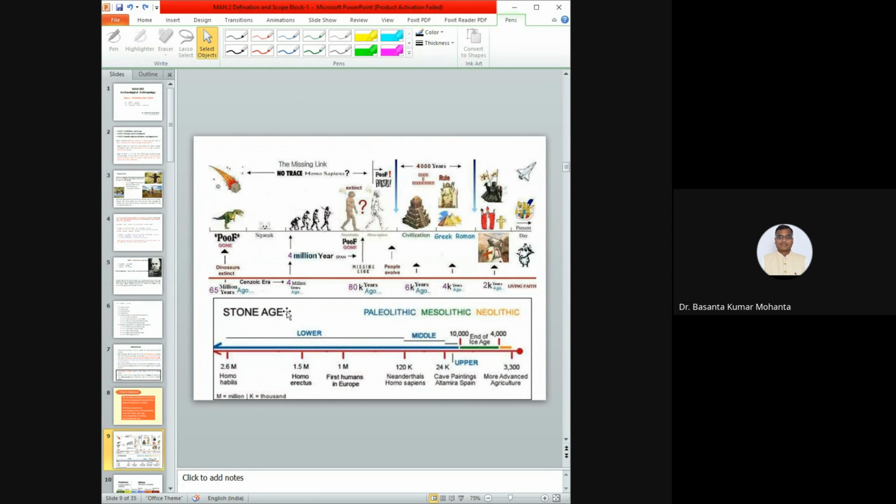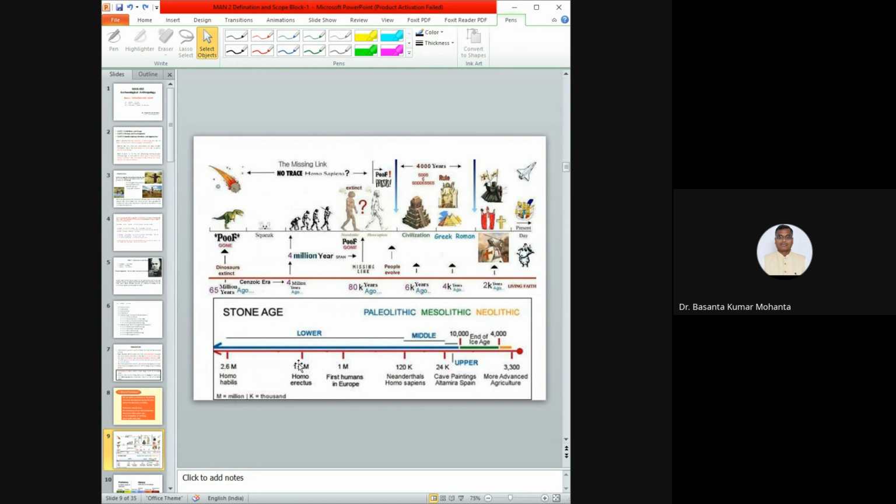So here, if you see the division, this is the broad cultural division of human evolution. Prehistory is also called the Stone Age culture. Why is it called the Stone Age culture?